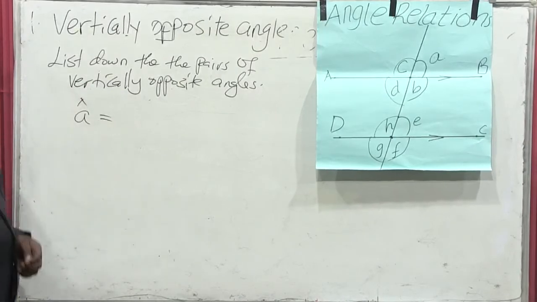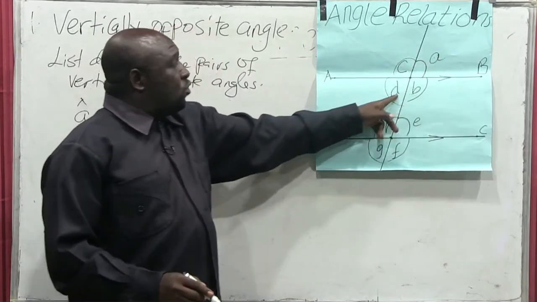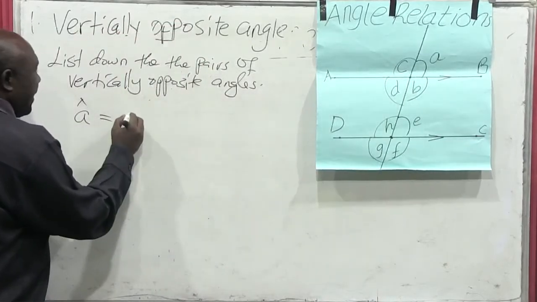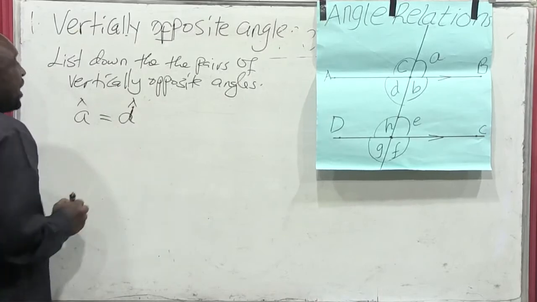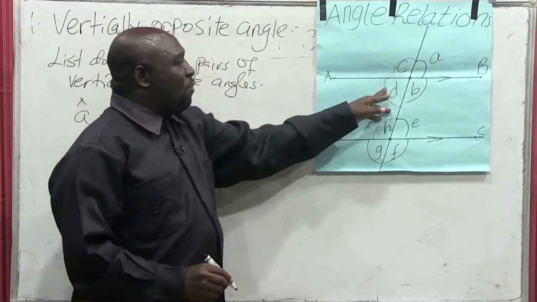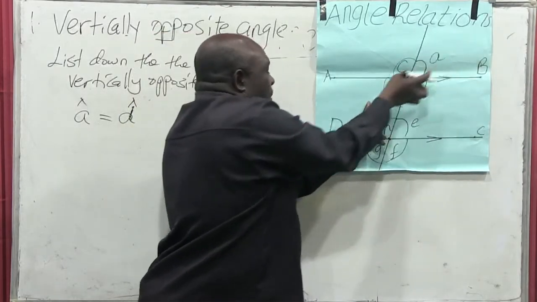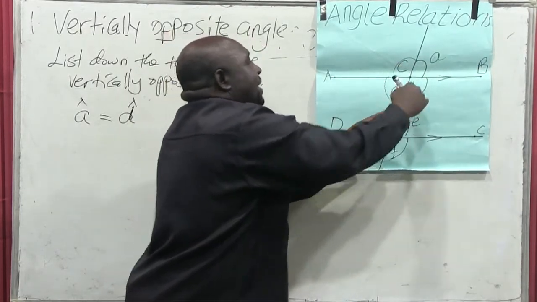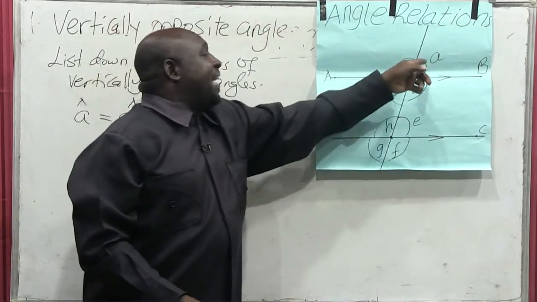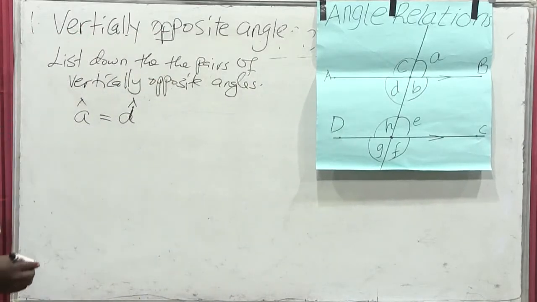Angle A equals angle D. Reason: they are vertically opposite angles found at the same point, looking in the opposite direction. This one looking this way, that one looking that particular direction. So angle A and angle D are vertically opposite angles.